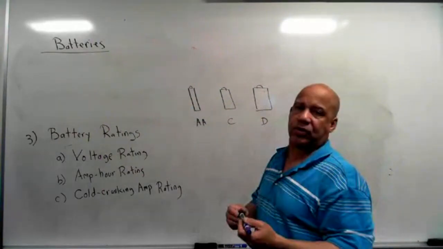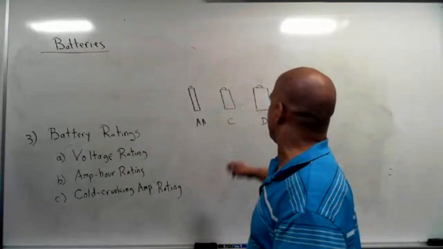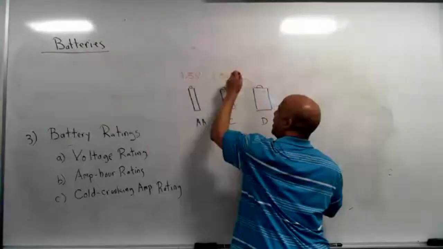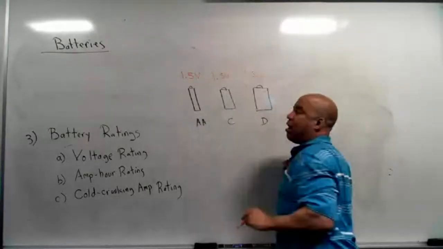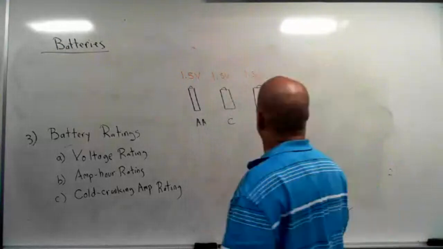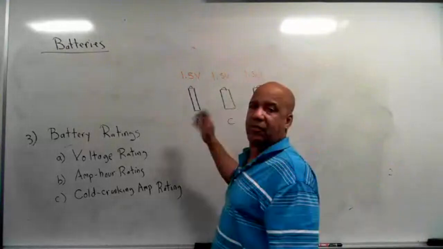Well, this family of cells, does anybody know the voltage of a D, C, or AA? 1.5, I think. These are all 1.5.